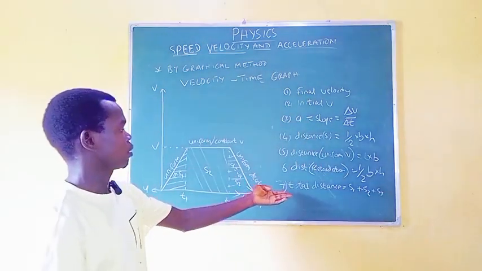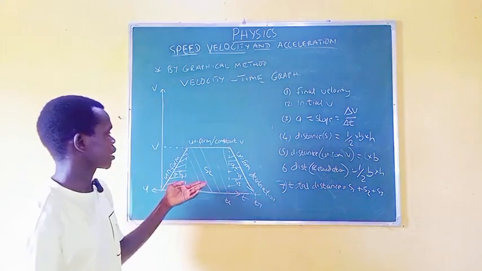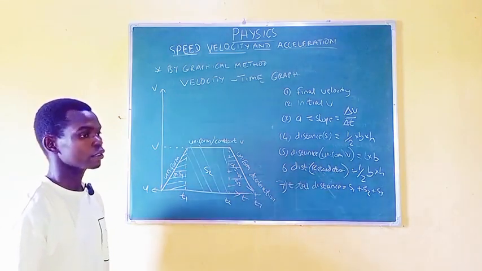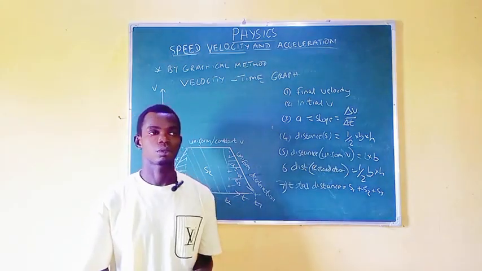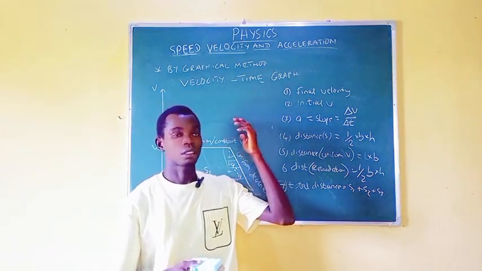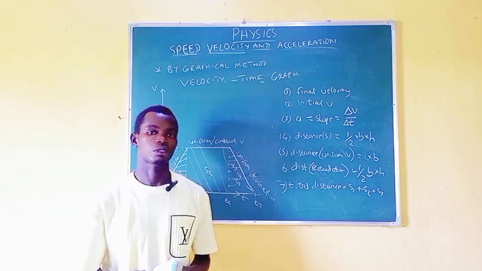And this is the formula for finding the total distance traveled by the moving object. So from now, we'll calculate questions on the graphical method before we go into equation of motion.